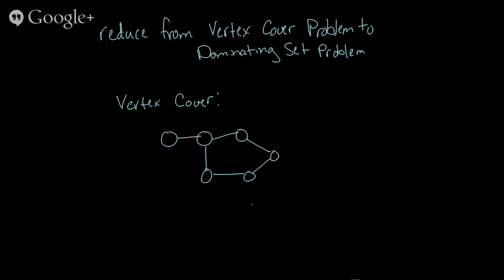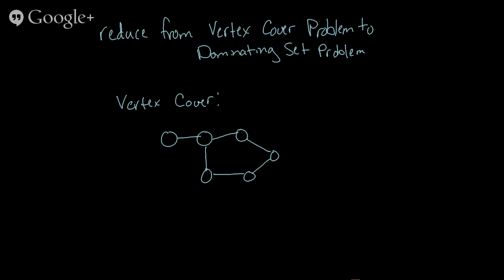The vertex cover problem basically asks you to cover the edges, which sounds kind of strange, right? It wants you to pick some vertices in such a way that every edge is covered. Every edge is adjacent to one of the vertices in the subset of vertices that you pick.